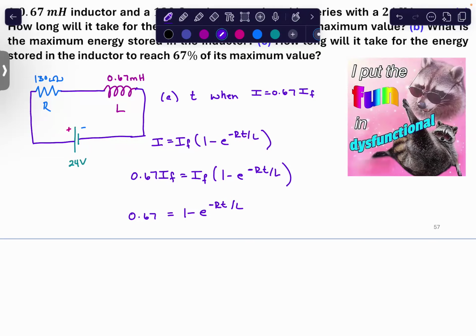Then we have to solve for T, and it's buried inside that exponential.